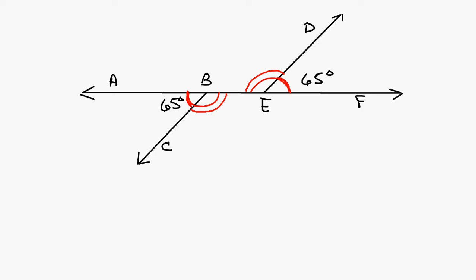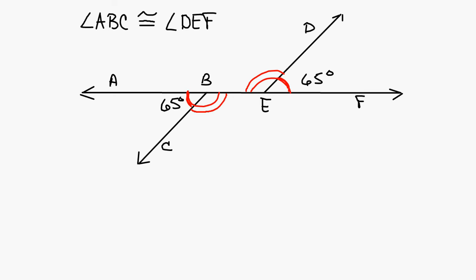So you can say that angle ABC is congruent to, the symbol for congruent to is an equal sign with a squiggly line on top of it. Angle ABC is congruent to, what's it congruent to? Which angle? DEF, very good.